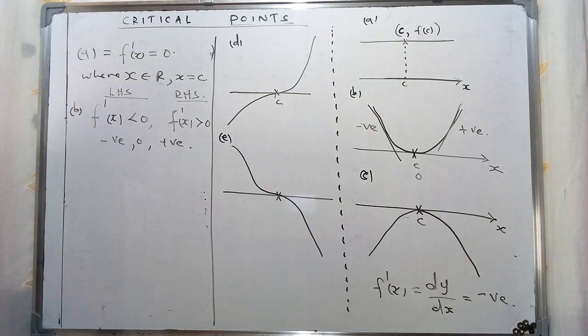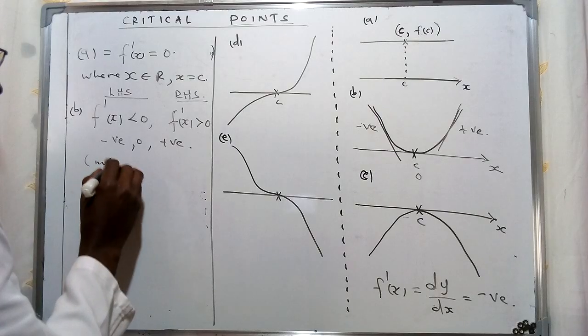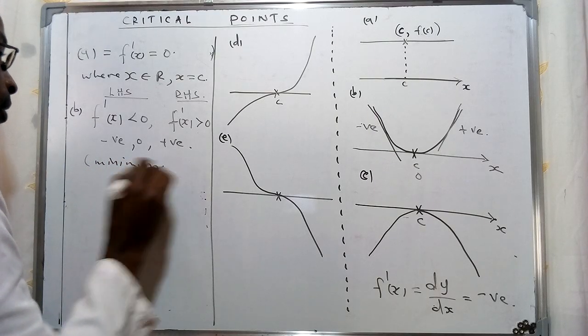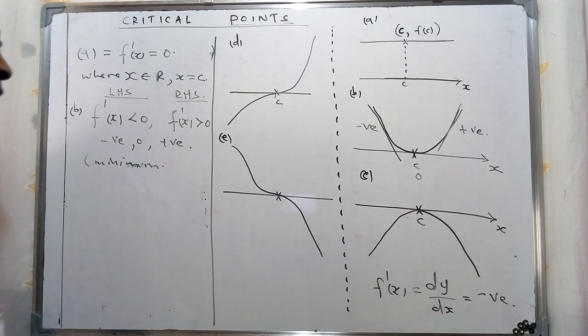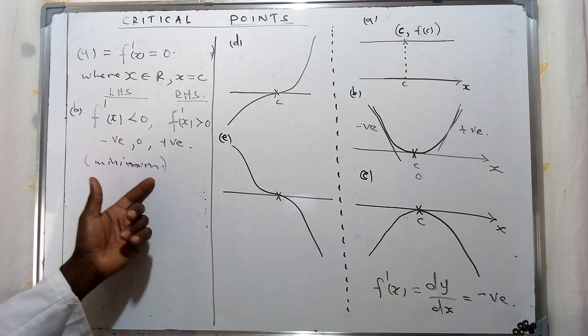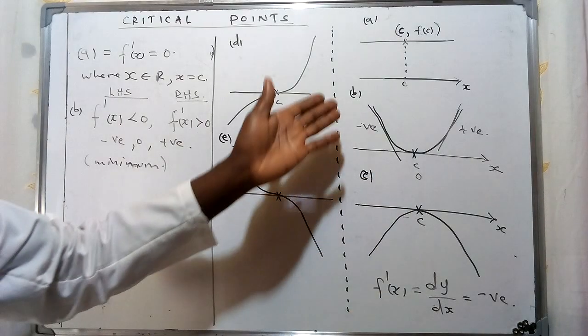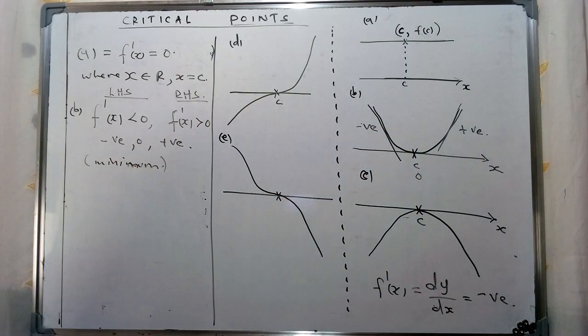And this is going to give us a reference of what we refer to as a minimum point for this specific graph. So in a sense, we're going to have a function which is going to be describing this specific critical point that we refer to as a minimum point. And this is going to be the nature of the curves which we are going to witness for such a kind of description.